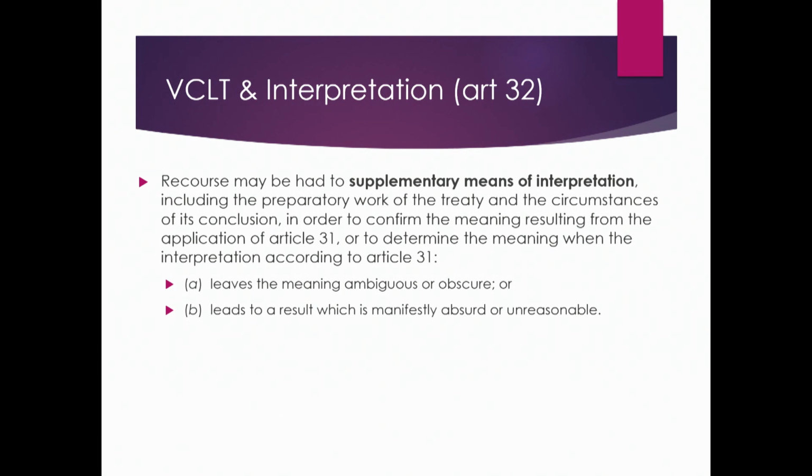So the only time you can use your Article 32 supplementary means is if the meaning of the language in question is ambiguous or obscure even after you've used your Article 31 tools, or if your Article 31 tools lead you to an absurd result, a result which is manifestly absurd or unreasonable, then at that point you can step on and use your supplementary means of interpretation under Article 32.